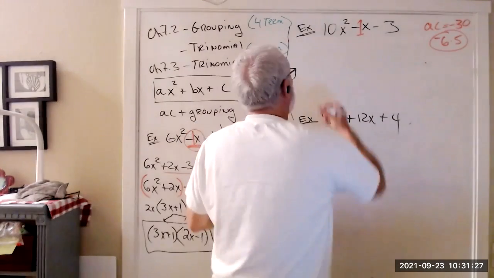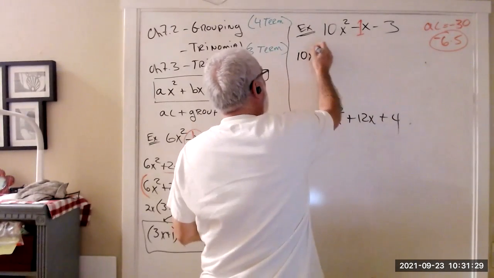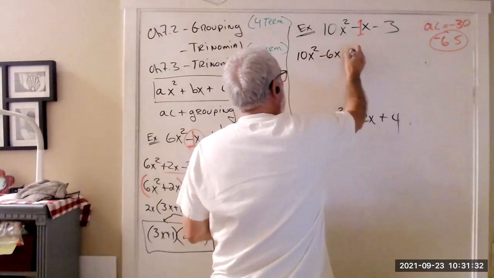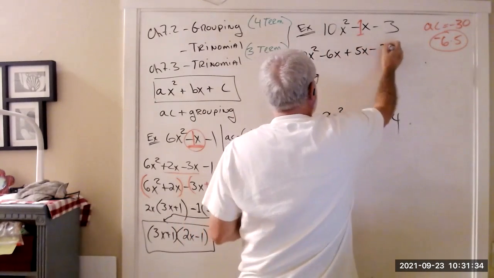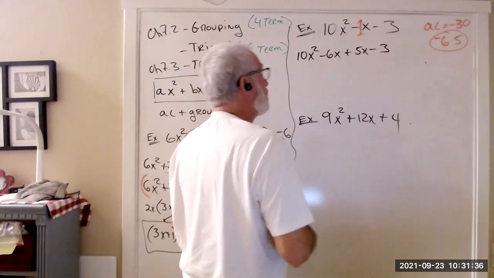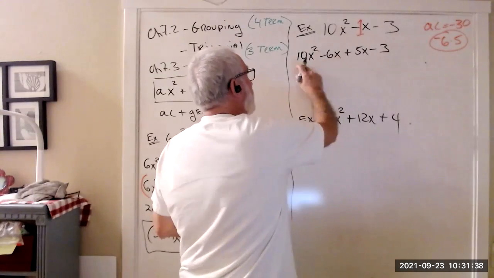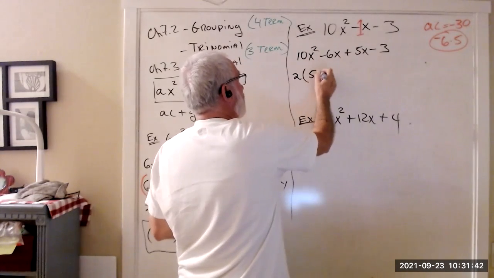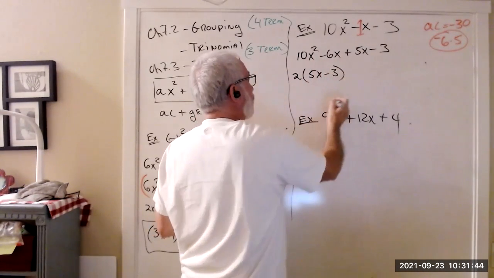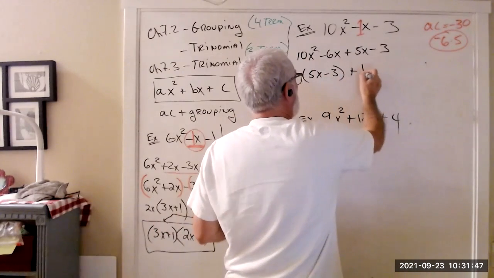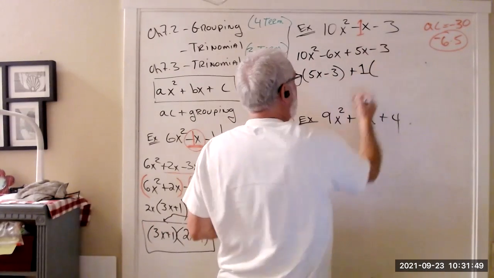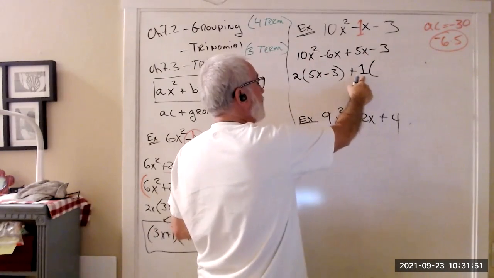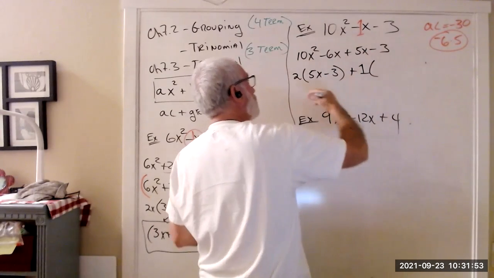So that tells me I can write 10x squared minus 6x plus 5x minus 3. Take out a 2x out of this, leaving 5x minus 3, plus there's nothing I can take out of that, so there's that invisible 1 again that I could always take out.